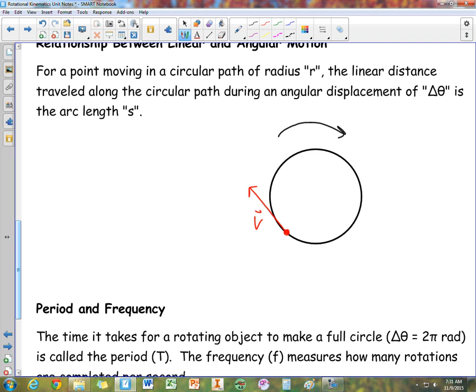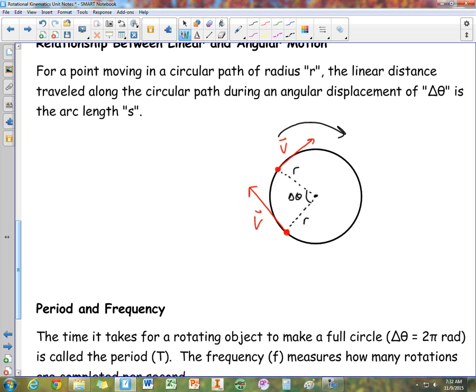What's kind of cool is if this wheel were turning at a constant angular velocity, and the stone were to come loose at a different position, it would still have the same linear velocity. We can take a look at things like the radius and delta theta.